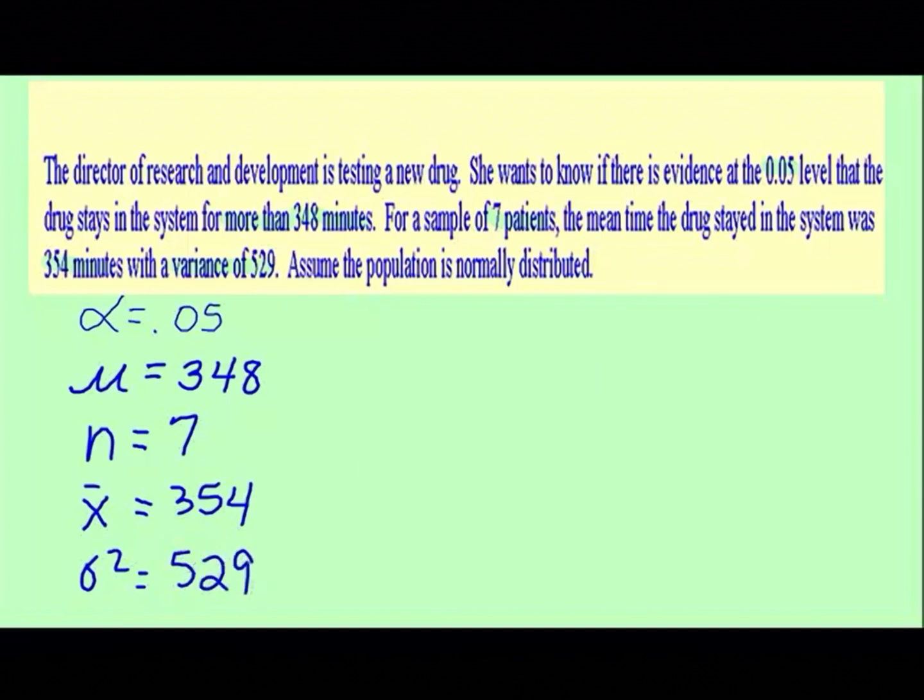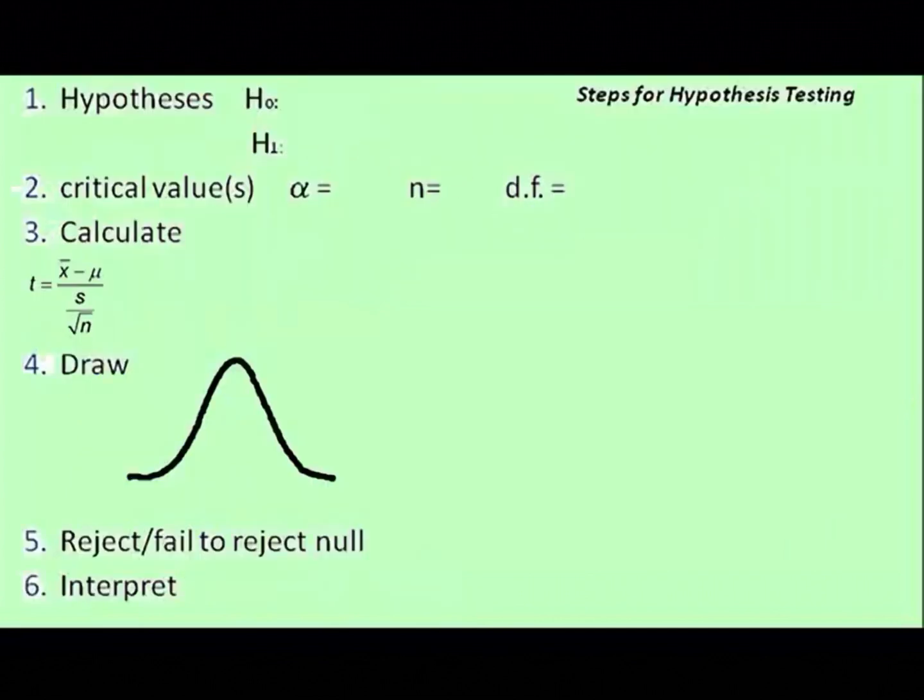Again, we don't want the variance, so take the square root to give us what we want, which is sigma, and that equals 23. Let's plug that into a hypothesis test. We think that things are happening more than, greater than, the proposed mean, and mu was given as 348.